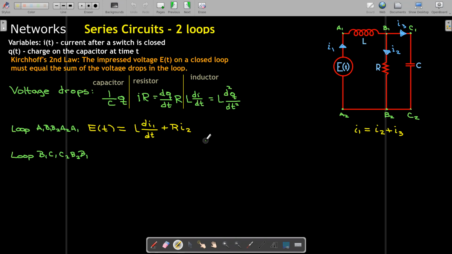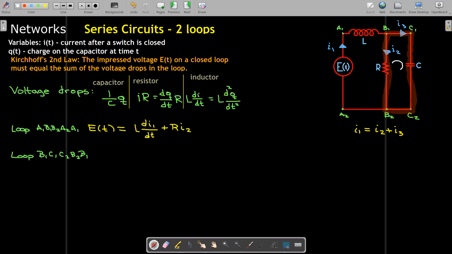Now, the other loop we're going to go through in this problem, instead of going all the way around, I'm going to start at B1, head over to C1, drop down to C2, back to B2, and back up to B1. Now, when I make that loop, there's something important that we need to notice, that I'm assuming that I am going to go in a clockwise manner.